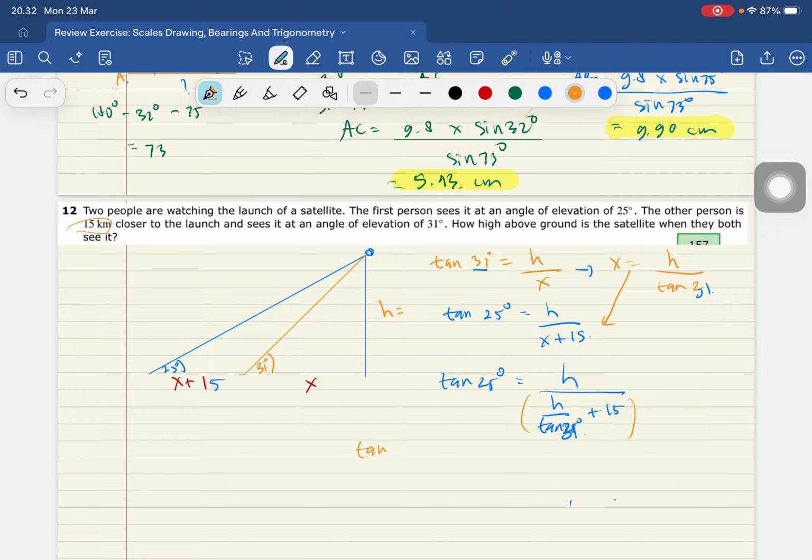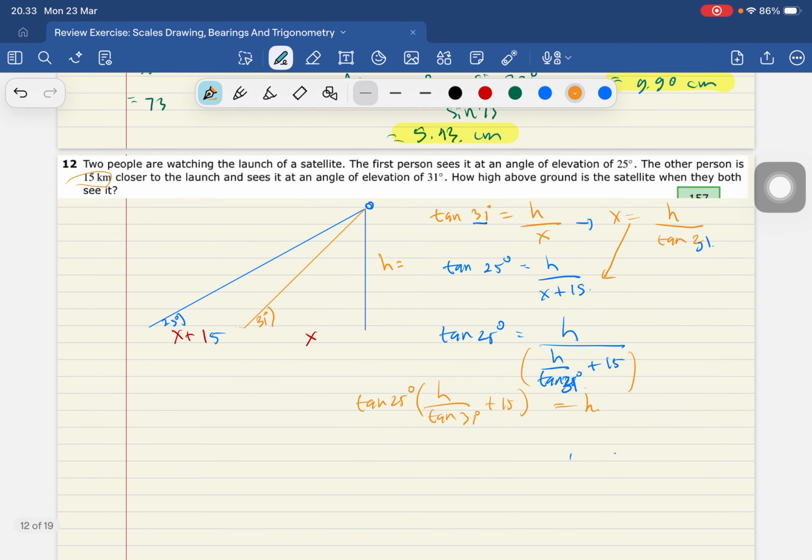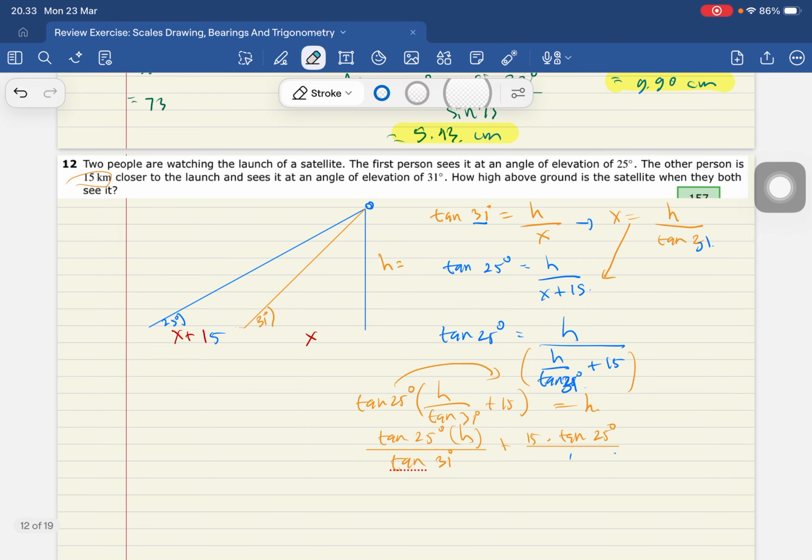So here we have tan 25 degrees multiplied by h divided by tan of 31 degrees, plus 15 times tan of 25 degrees, equals h.